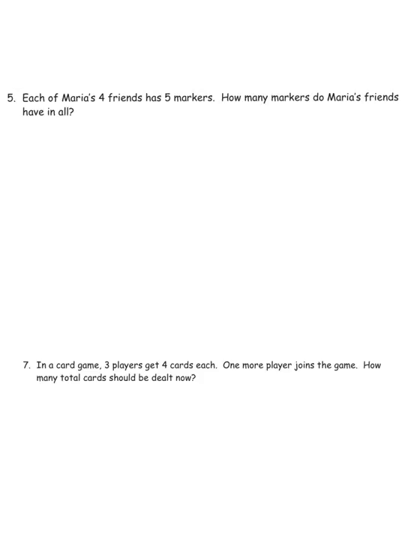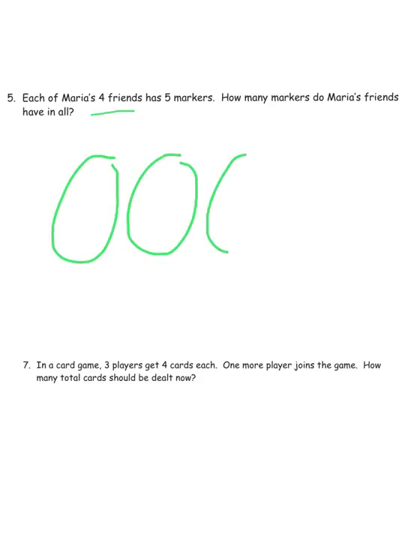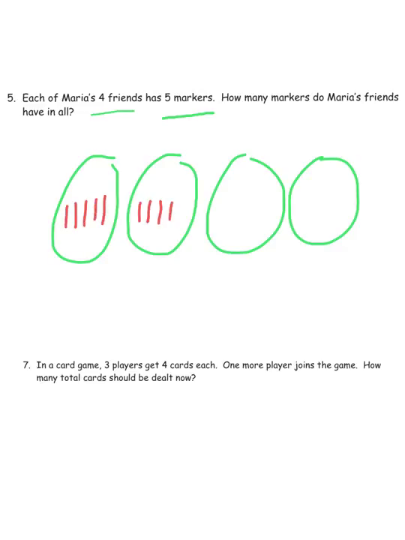So we know she has 4 friends, so we're going to do our friends here. 1, 2, 3, 4. And each friend has 5 markers. 1, 2, 3, 4, 5.